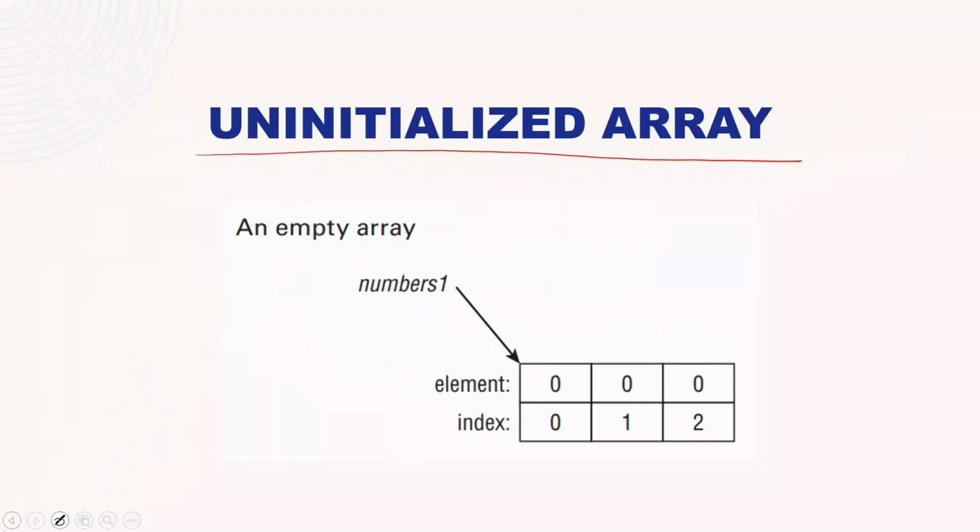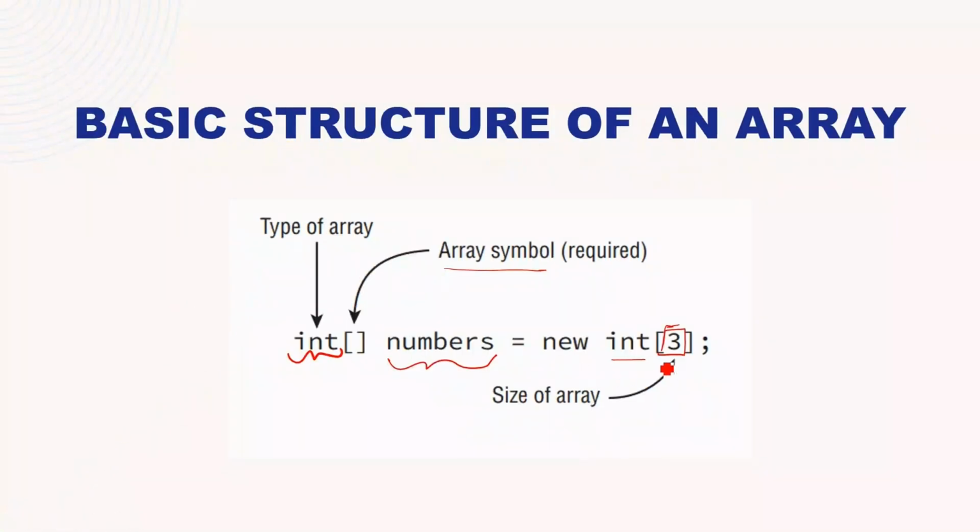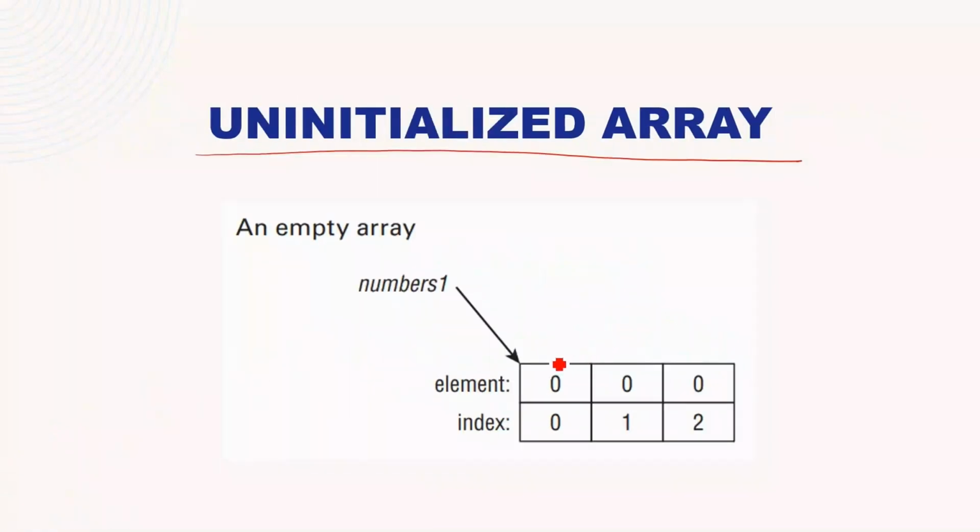It means that when you create an array using this thing, you are saying, okay, create an array of size 3, and Java is going to create an array for you. But what will be the initial value of those elements in your array? If you take a look at this, the initial value will be the default value of that particular data type for each element in the array.